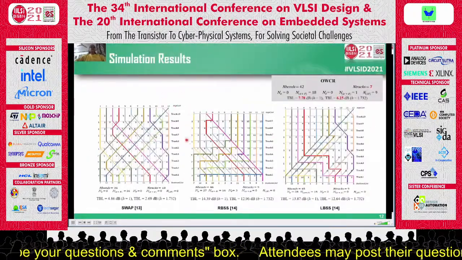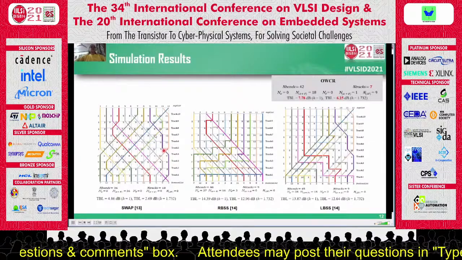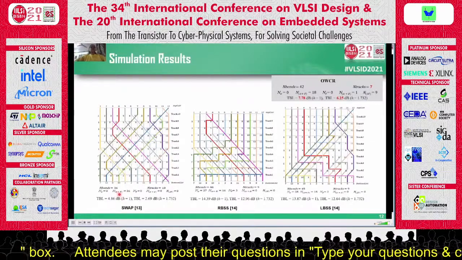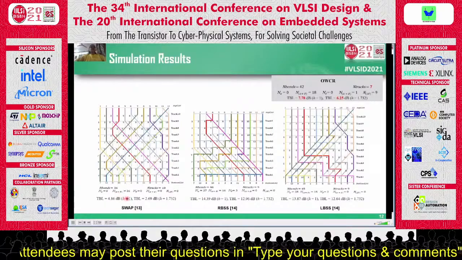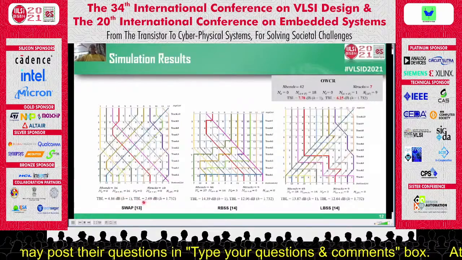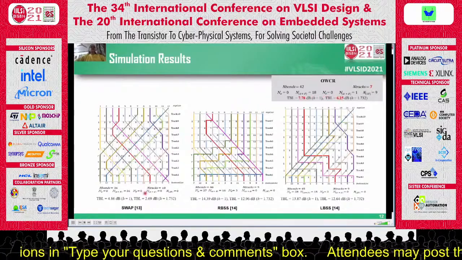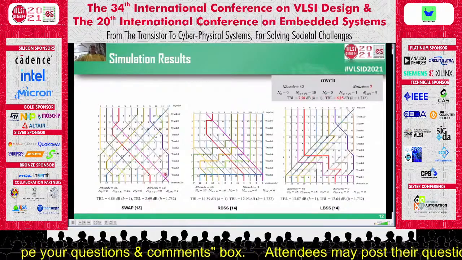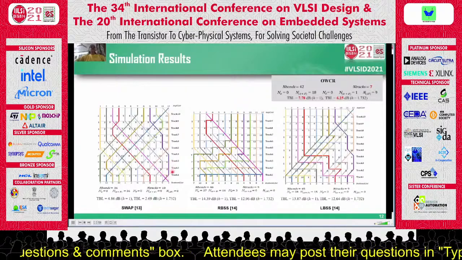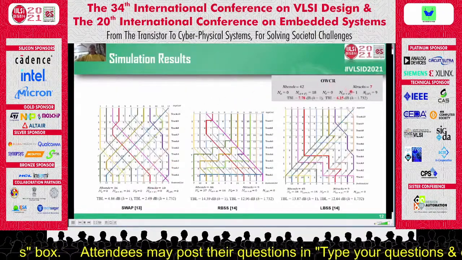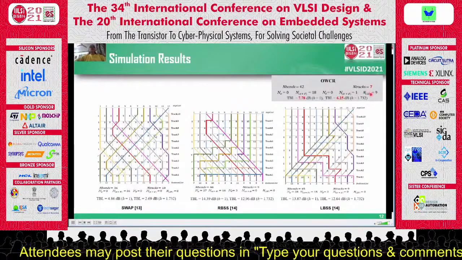These are the simulation results of the existing algorithms. Here, in SWAP, there are only alpha plus theta types of angles, due to which the total bend loss is smaller as compared to OWCR. However, it comes with an overhead of a high number of tracks, and we can see there are 10 tracks for SWAP, whereas OWCR uses 7 tracks.